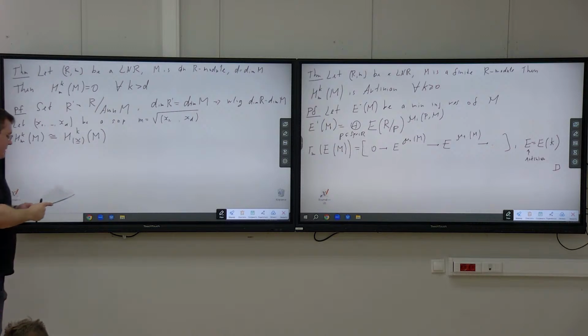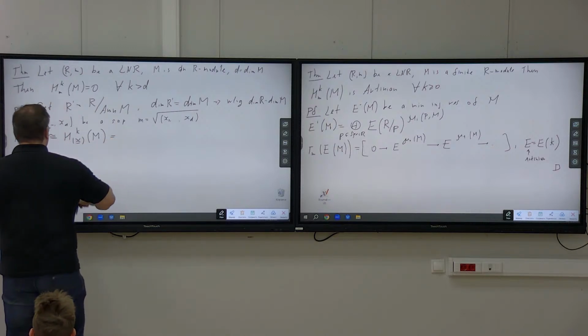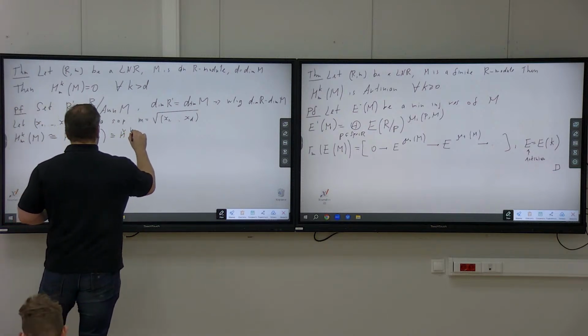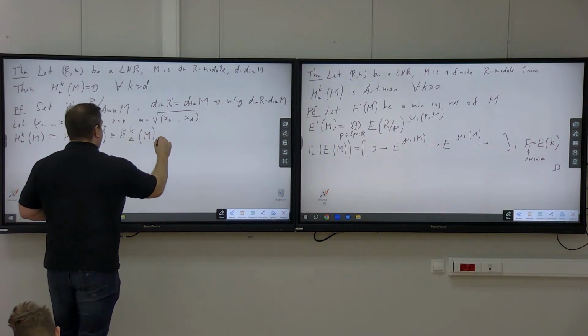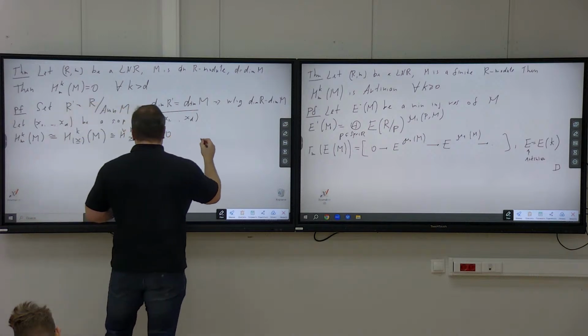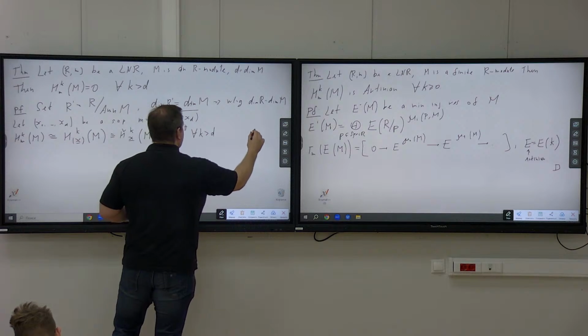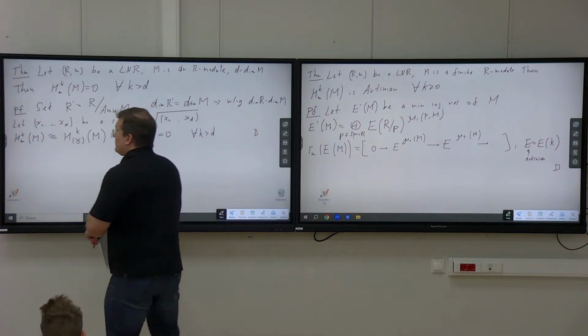Since I know generators of this ideal, I can identify this with the Čech cohomology for the sequence. And I know that the Čech cohomology is equal to 0 for any k greater than d. And this finishes the proof.